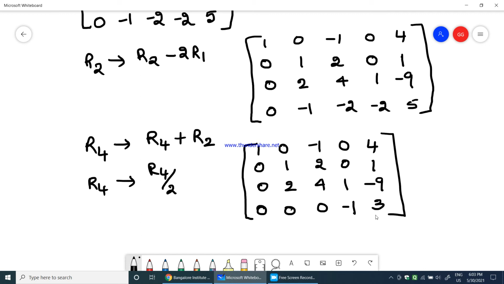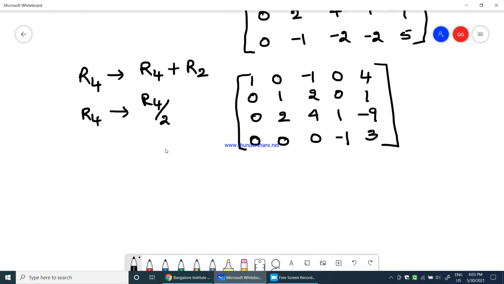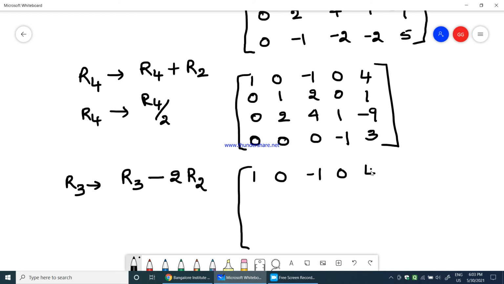Now the next step is R3 equal to R3 minus 2 times R2. That would be the next step I'll apply. So here 1 0 minus 1 0 4, 0 1 2 0 1.